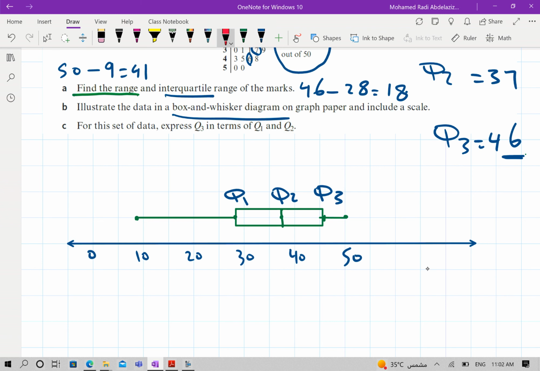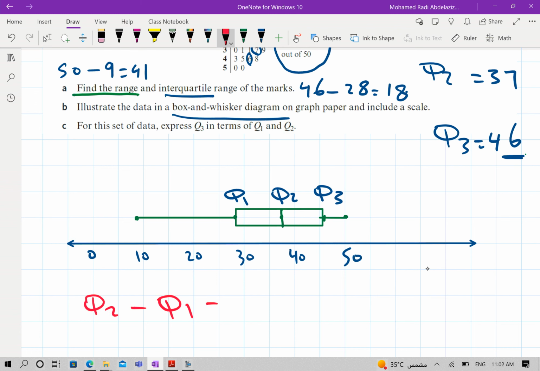What is the difference between Q3 and Q2, and the difference between Q2 and Q1? Is it approximately the same? Find the values.